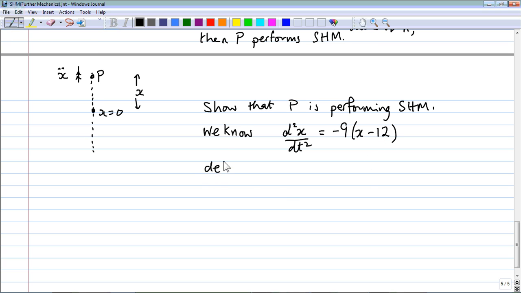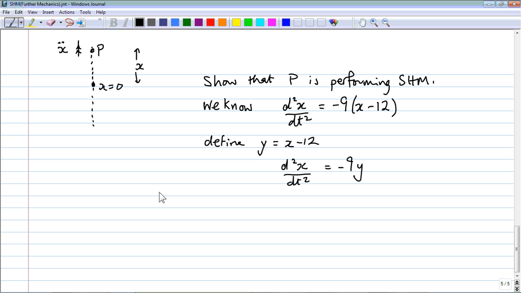We just define another variable. Define y equals x minus 12. Then d2x by dt squared equals minus 9y. But x is just y plus 12. So d2(y plus 12) by dt squared equals minus 9y.